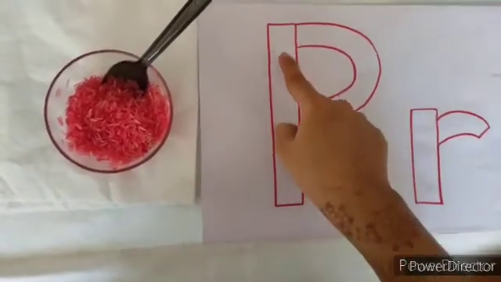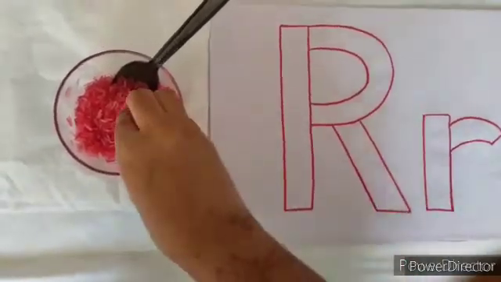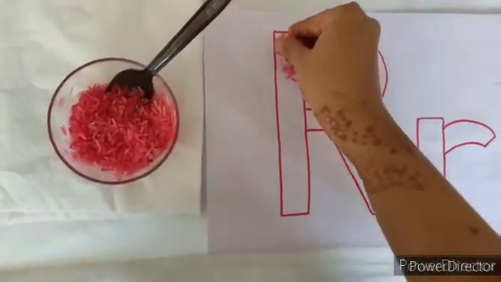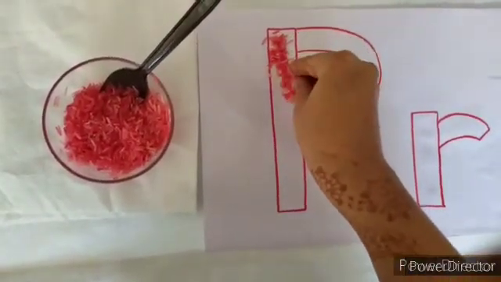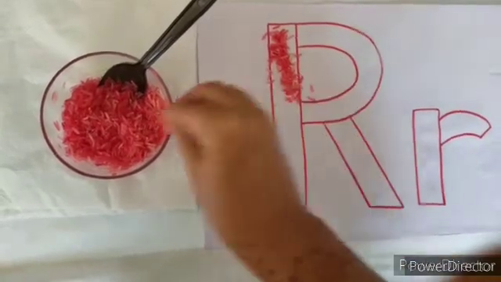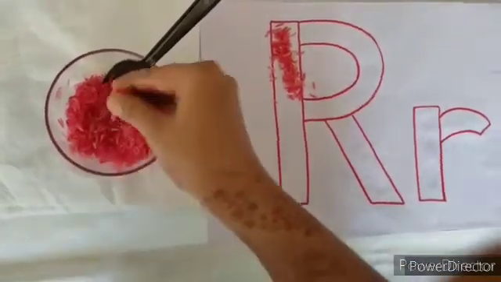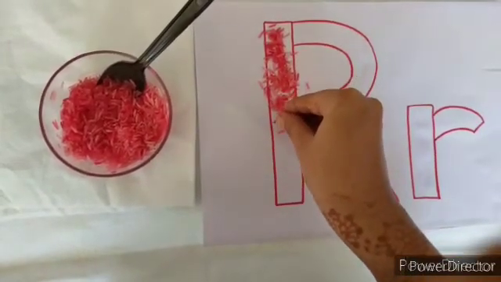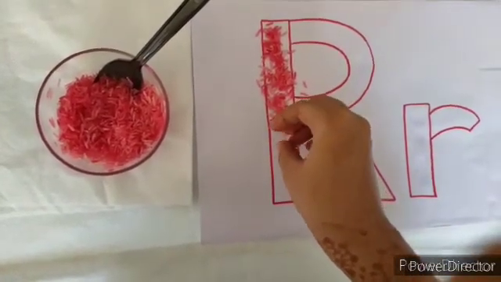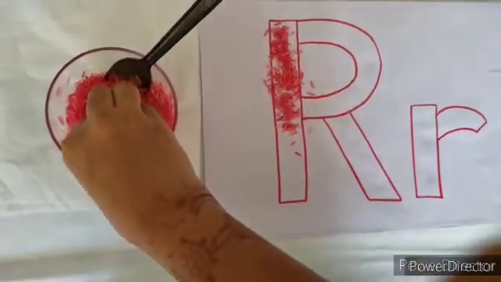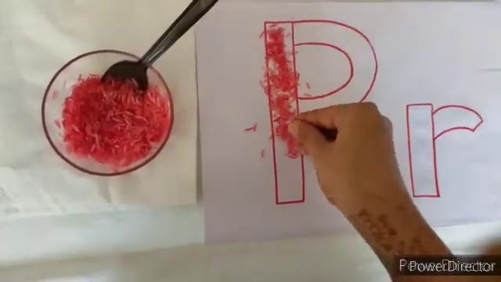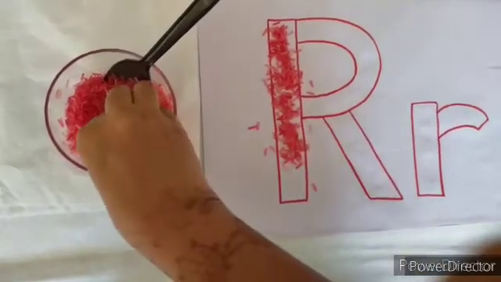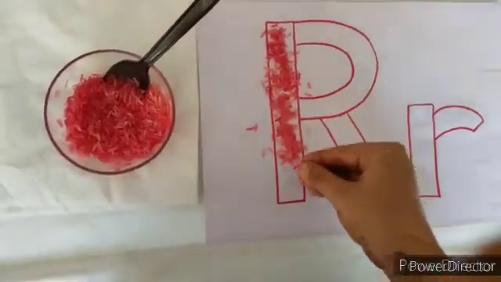Now, we will put the rice on the capital R. This is capital R. Which color rice are we putting? Yes, red color rice. R for rice, R for red color.